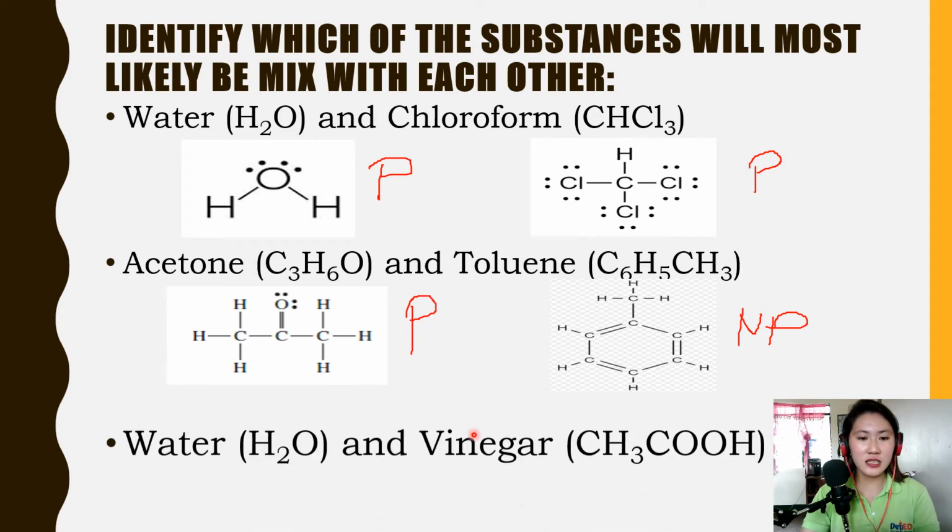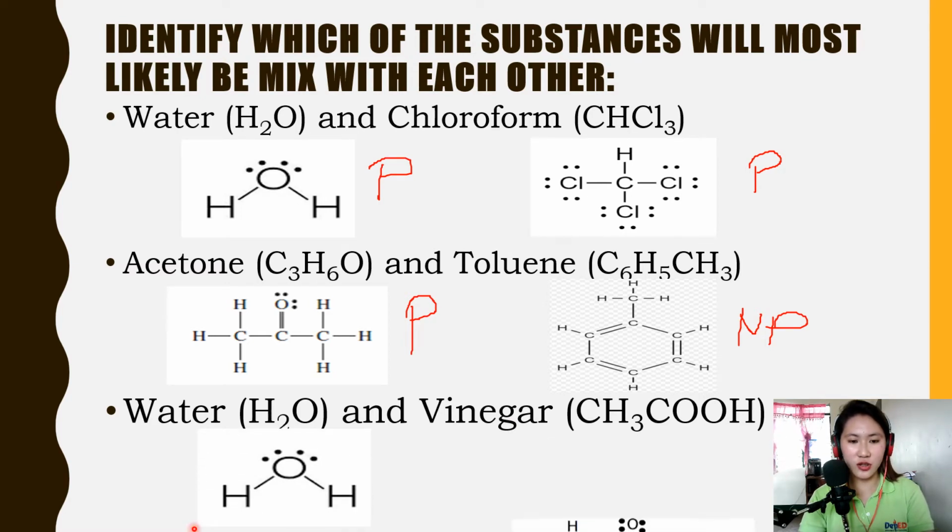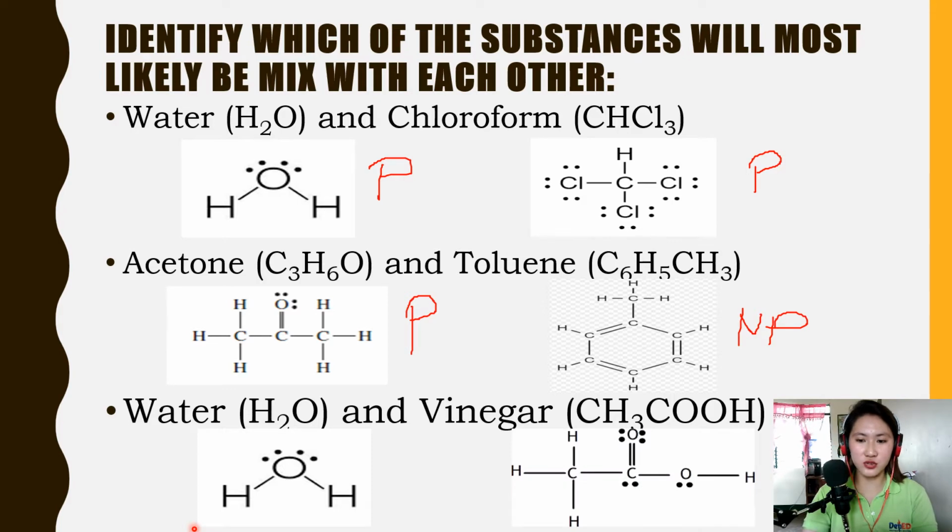Okay? Next, we have water and vinegar. This is the Lewis dot structure of water, and this is the Lewis dot structure of vinegar. As you can see, there is an uneven distribution of electrons, so there are still electrons that are not bonded, what we call the lone pair.